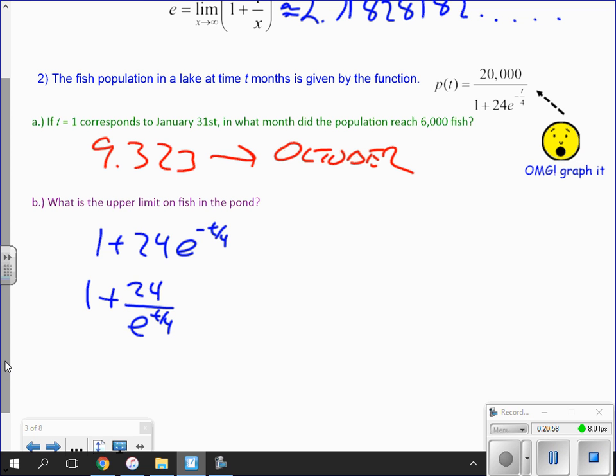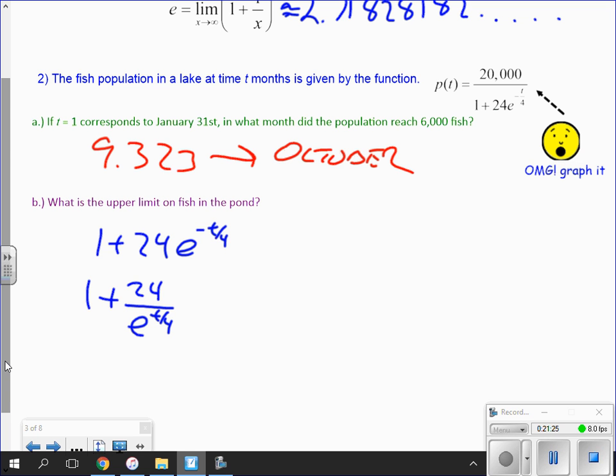Put it in the denominator, get rid of the negative. As t gets really large, what's happening to that power? e to the t over 4, once we get past 4 months, is a number larger than 1, right? Once we get past 4 months, it's growing.